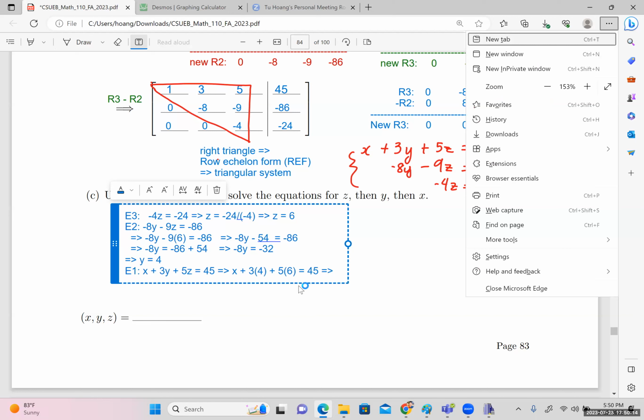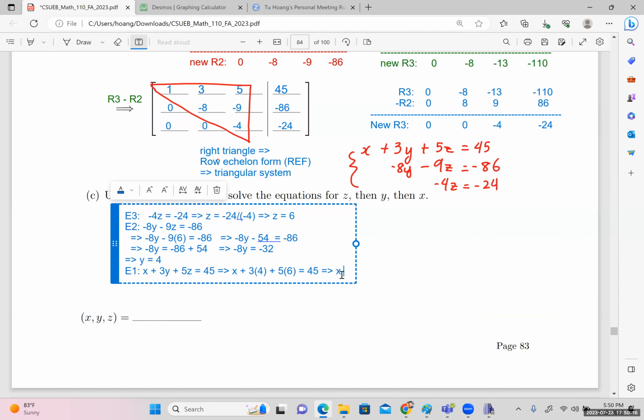Simplifying, we have x plus 12 plus 30 equal to 45.